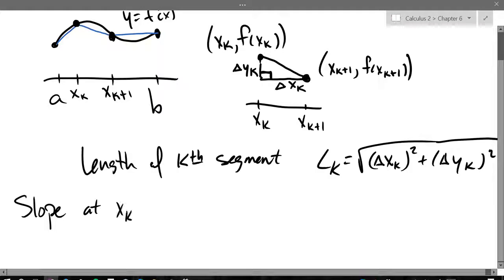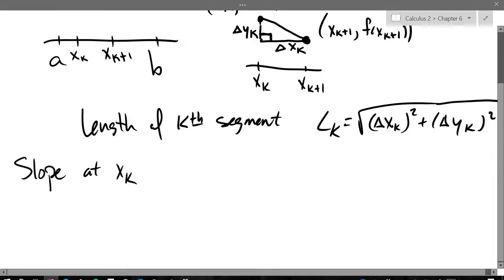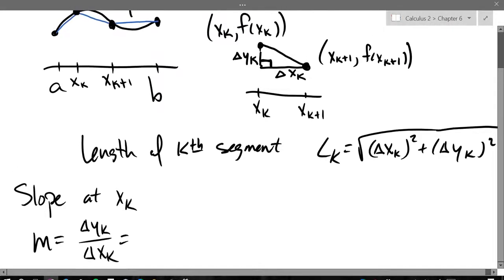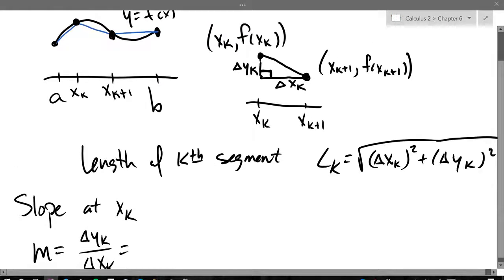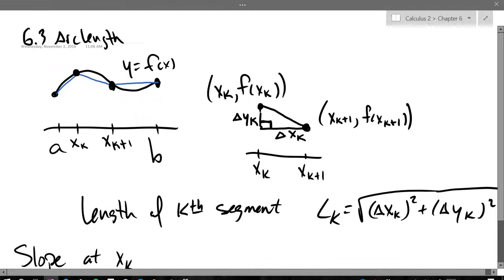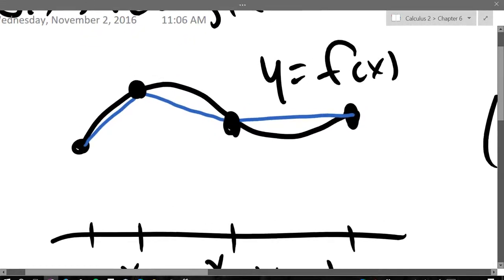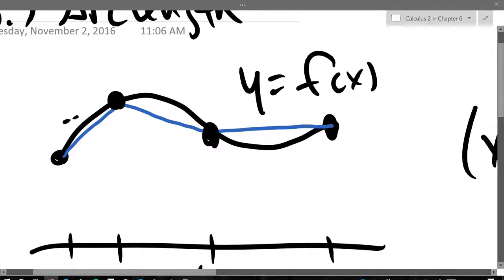If I use the letter m for that, I could write it as delta yk over delta xk, and one way to write that... all of these are going to be approximations. It looks like right here, if I zoom way in and look at the actual slope of this curve, it is not really that close to the slope of the line segment.